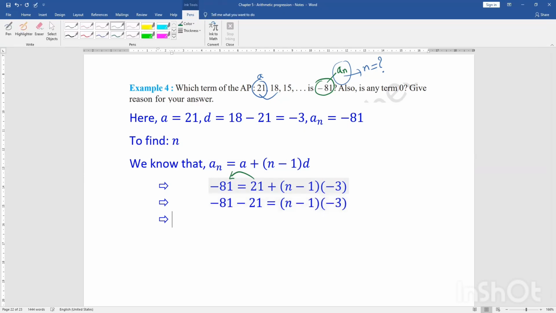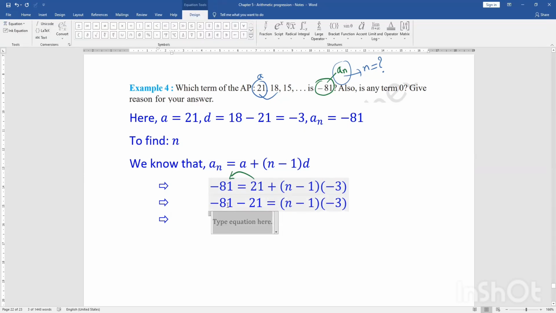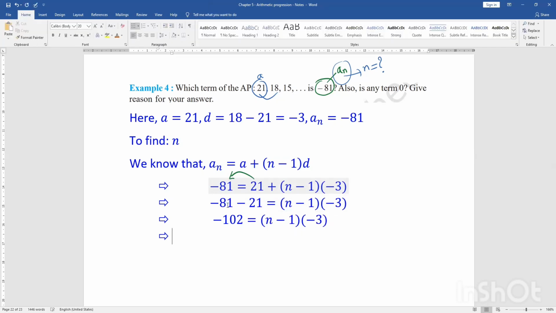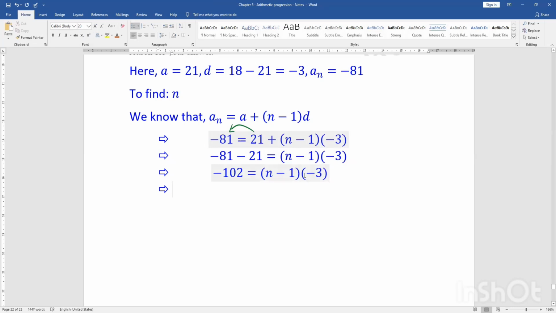Okay, children. The next step. Now minus 81 minus 21 will give you minus 102. So minus 102 equals (n minus 1) into minus 3. Next thing, we have to transpose this minus 3 to the LHS.